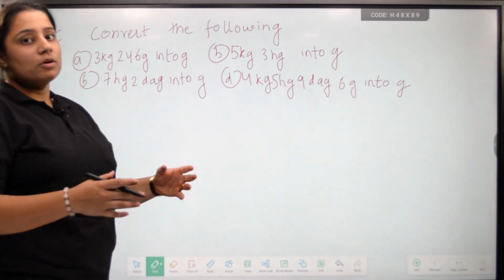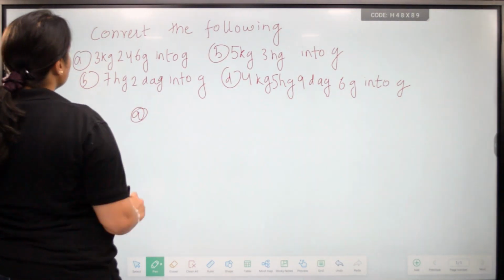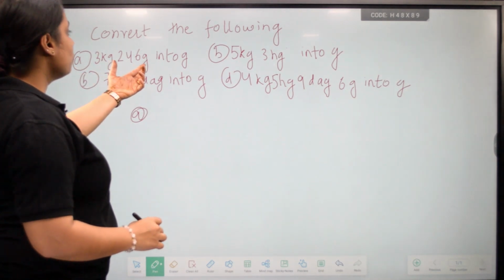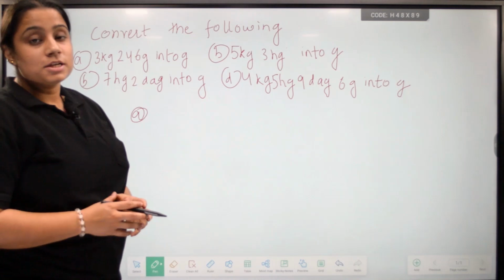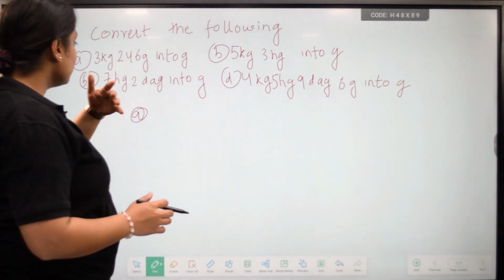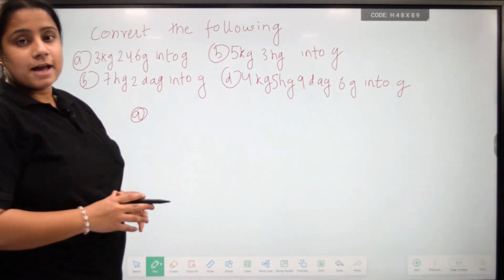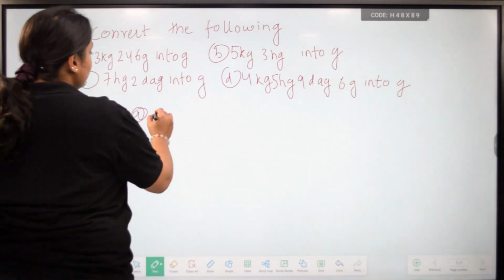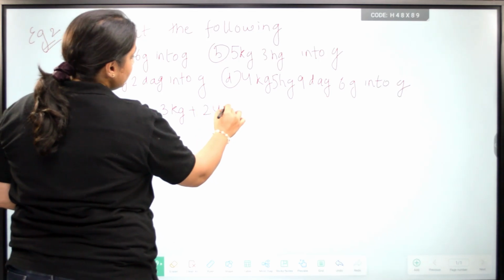Example number 2, convert the following. Part A, 3 kg 246 grams into grams. We can write it as 3 kg plus 246 grams.